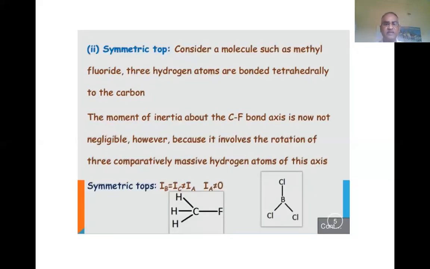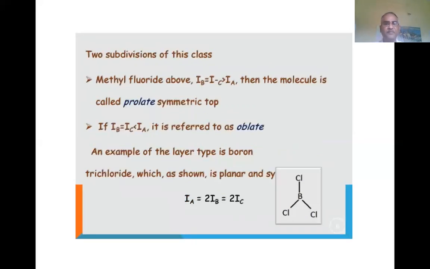Examples are chloroform or methyl fluoride. And for the oblate type, IB is equal to IC less than IA. So this is the oblate type, and an example is boron trichloride.